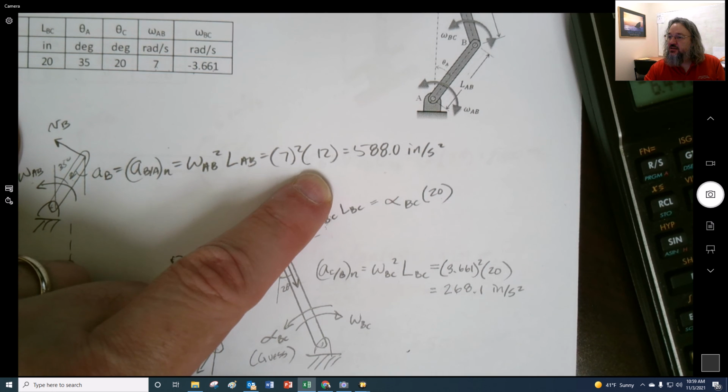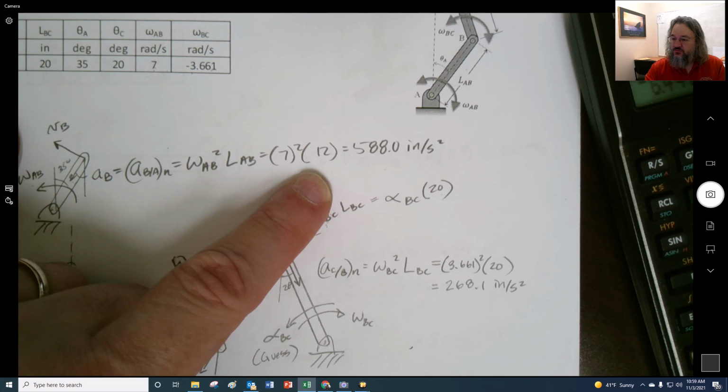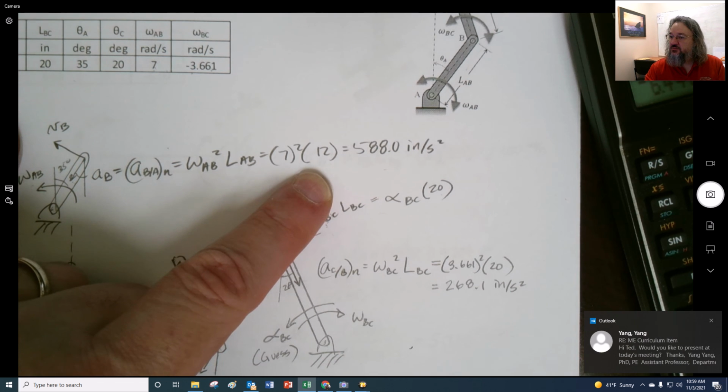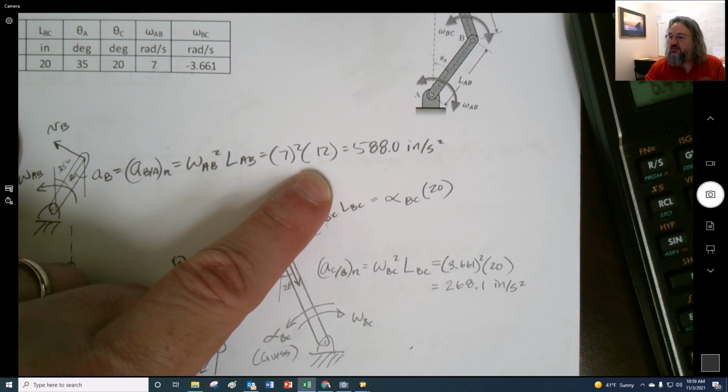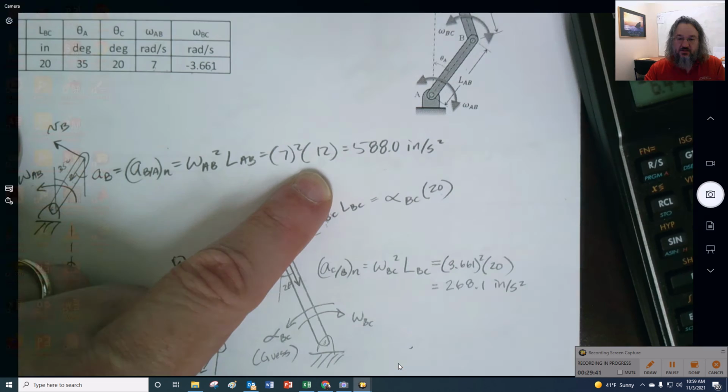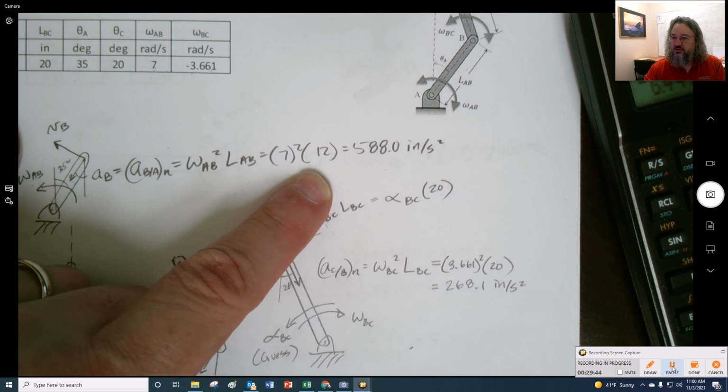All right, so I needed 12, 20, 35, 20, and I need a 7 right there. And okay, pause. I just wanted to confirm and find out if I made a mistake. It might be my Excel was wrong.